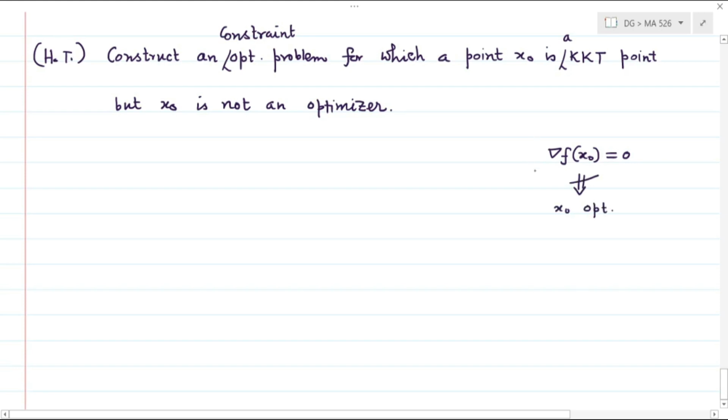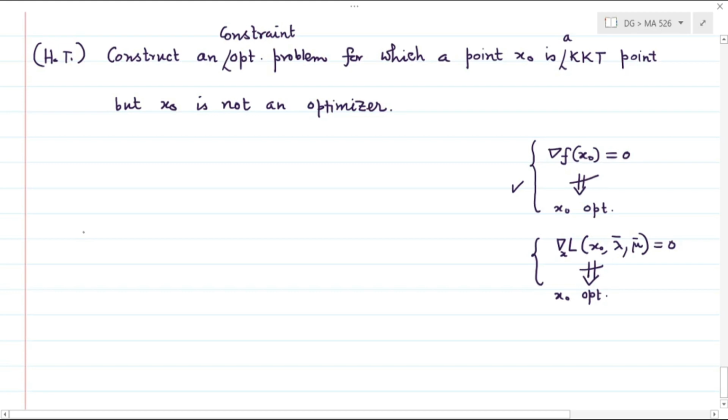Similarly here, for a constrained optimization problem, grad L, the Lagrangian function, with respect to x at the point x0 with some Lagrange multipliers lambda bar, mu bar is equal to 0, and this might not imply that x0 is an optimum. Similarly, grad L equal to 0 does not necessarily imply that the point x0 is an optimum point.